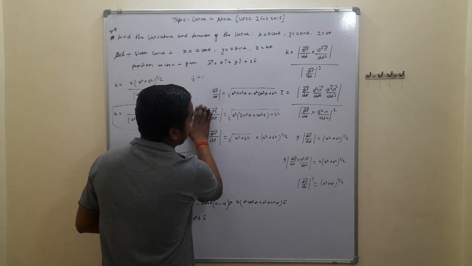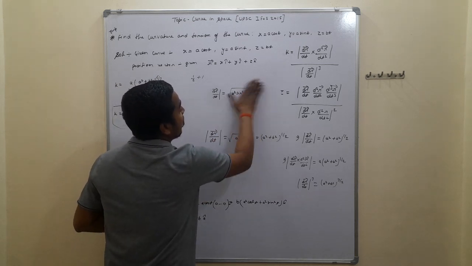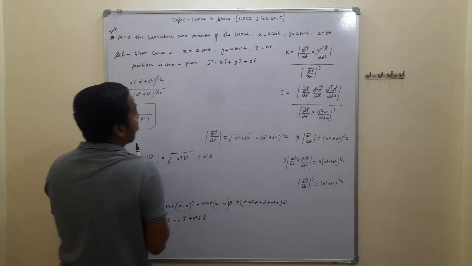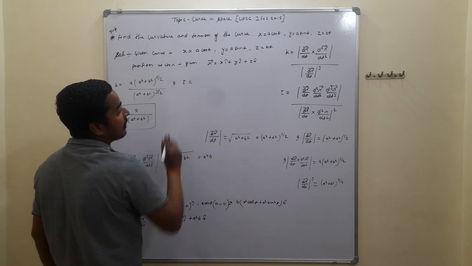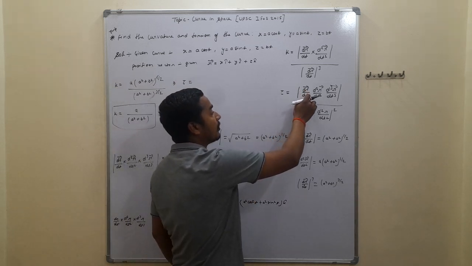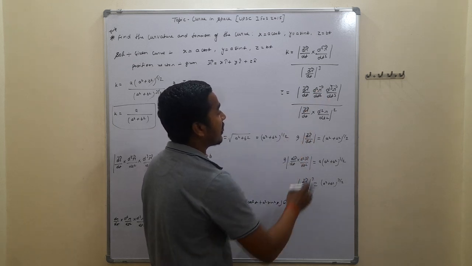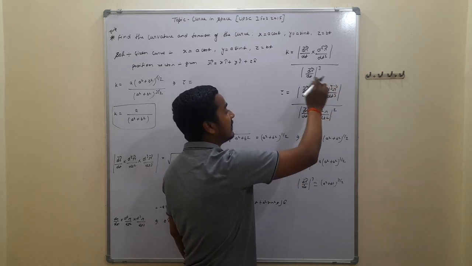And further we have to calculate the torsion once again. The torsion is given by tau equal to mod of dr upon dt into d2r upon dt square into d3r upon dt cube.